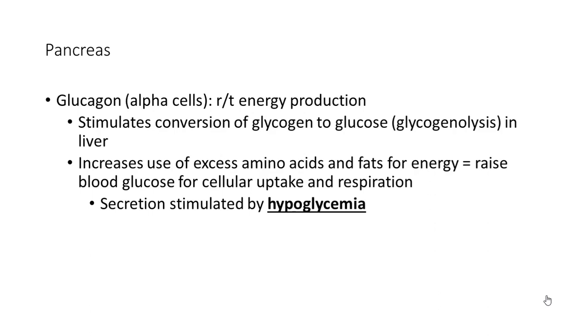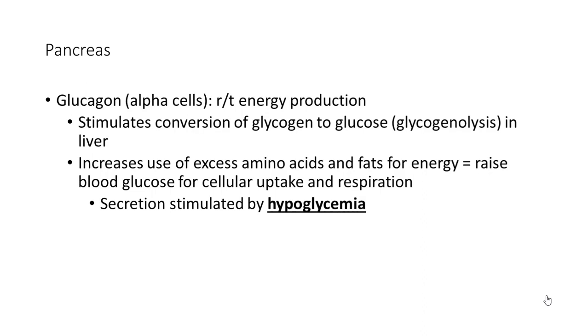The glucagon from the alpha cells is, like I said, the sugar that the body needs to make energy. Glucagon actually stimulates the conversion of the glycogen to glucose in the liver, which produces the energy that we need, so that the body's using the sugar for the energy.